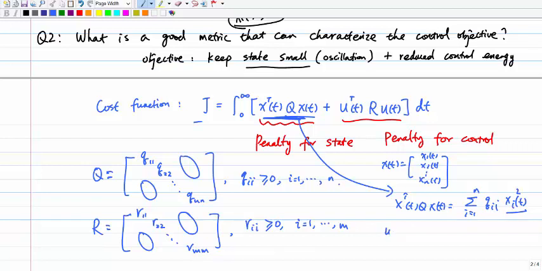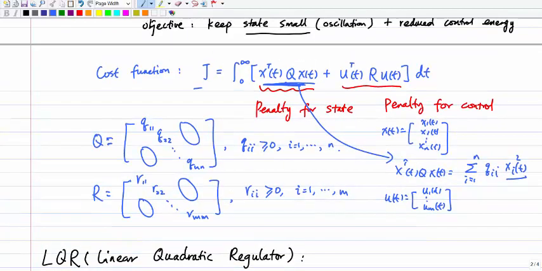So if my u(t) is u1(t) until um(t), the penalty for u is u transpose(t) R u(t), which is basically given by the summation over i from 1 to m of rii times ui(t) squared.